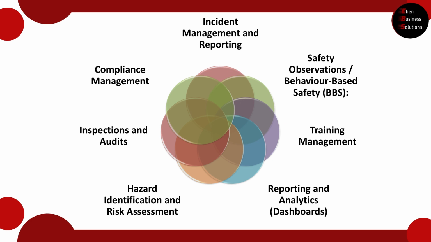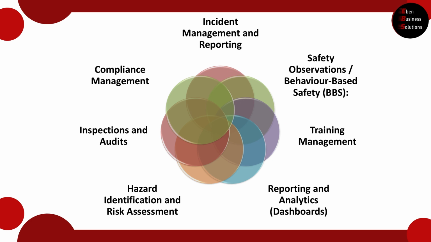Then there's inspections and audits, which is to conduct systematic checks of workplace, equipment, and processes to identify non-compliance and potential hazards. Safety observations or behavior-based safety is where we encourage and track positive safety behaviors and identify at-risk behaviors.